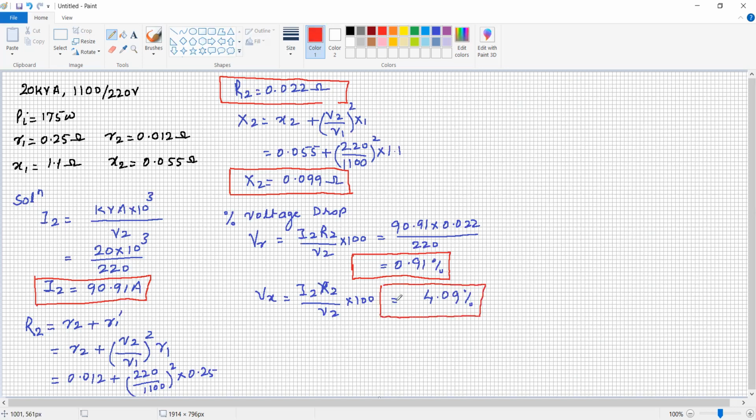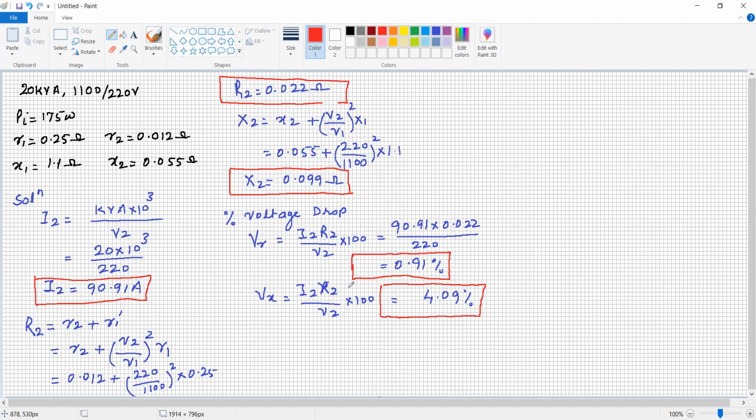Can we calculate regulation? Definitely, we can calculate the regulation by adding these two. So it is a simple percentage voltage drop. Okay, so 4.99, or 5%, is the voltage regulation of the transformer.